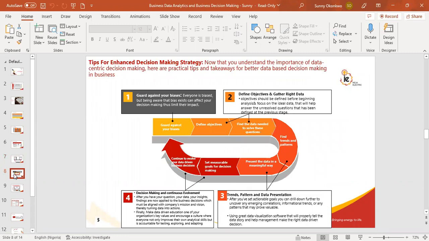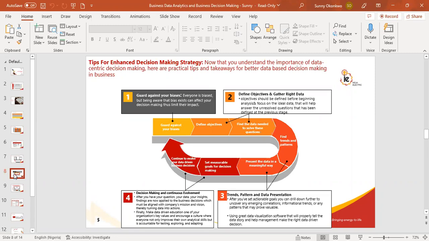Now, there are tips to enhance decision-making strategy. I will give us 3 or 4 tips, right? Now that you understand the importance of data-centric decision-making, here are practical tips and takeaways for better data decision-making in business. Number 1 is guard against your biases. Everyone is biased because you want to take a decision based on what favors you, right?